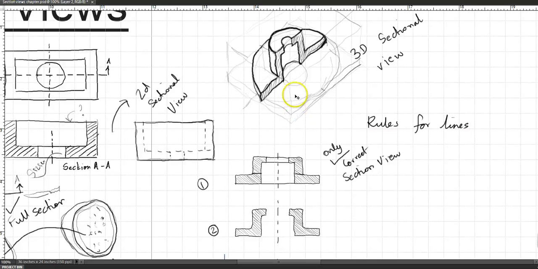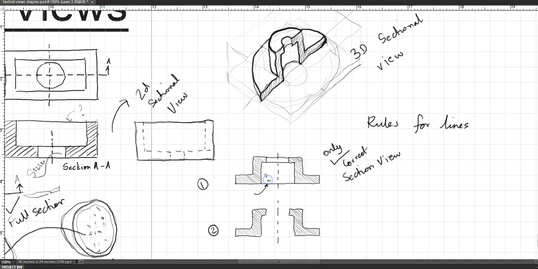But what we have is just one object, so we are going to have the section go through and through all the way up till there. Now over here we have a gap, and this gap is for this hole that you see in your 3D view. And again we start cutting through the object, which is like that, and going all the way down. Now what is this line?